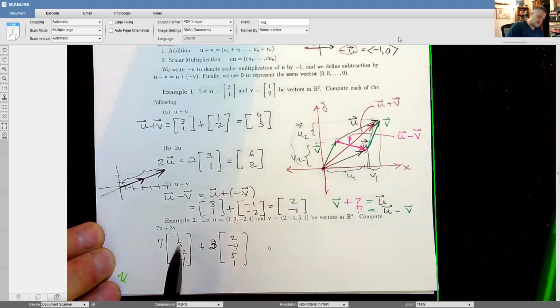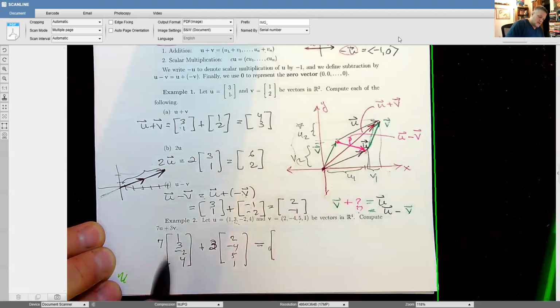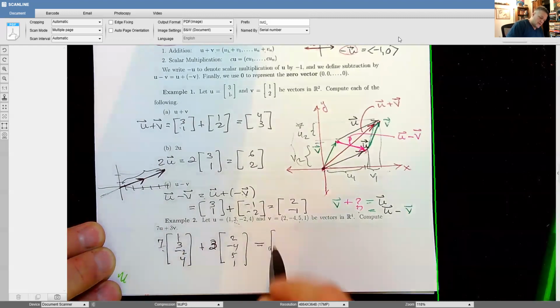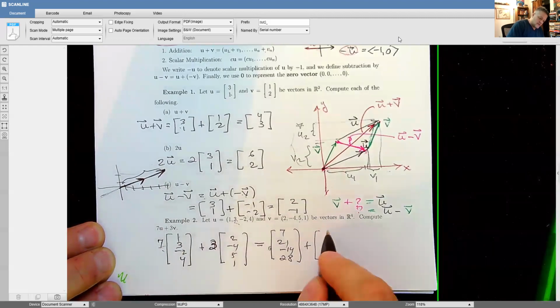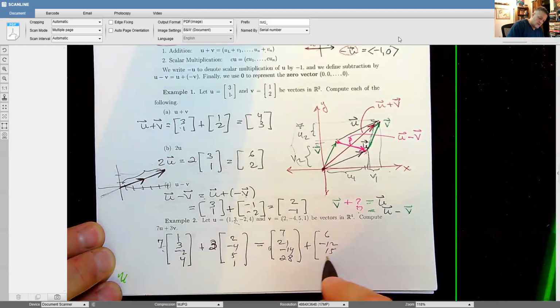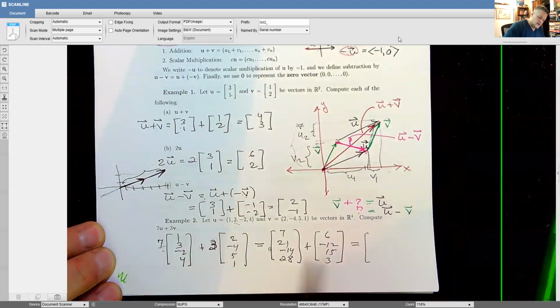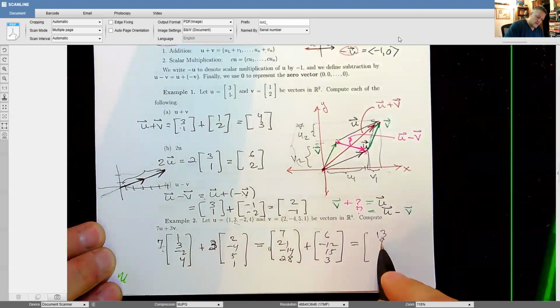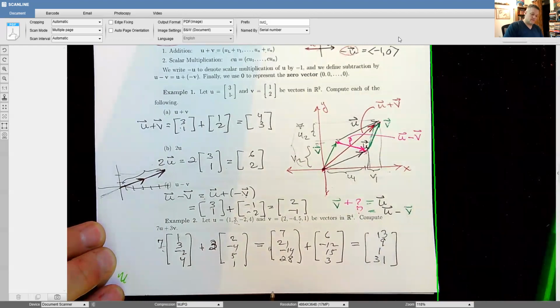All right, so I'm just plugging in what u and v are here. And now I know that I can multiply each of those components by 7. And each of these guys by 3. Okay. And then now I add component-wise to get that vector out.